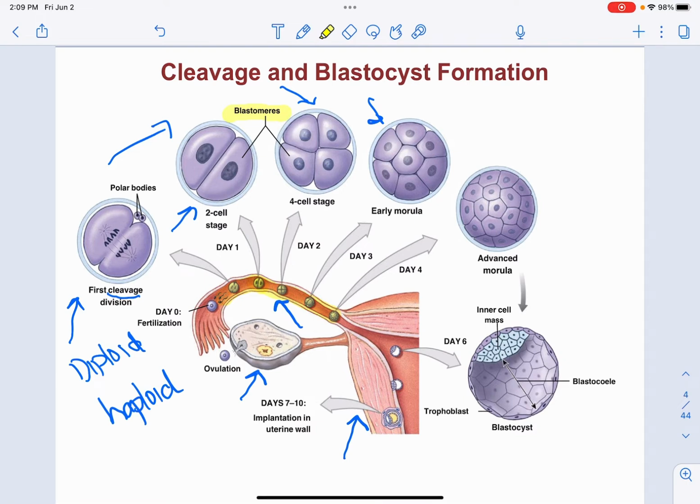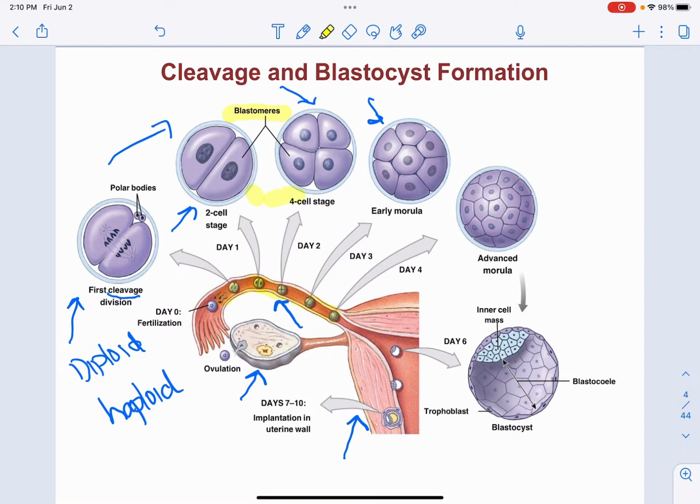So each of these cells will divide, okay? So they will double the number of cells. You will start out with 2 cells, which you can see here. You will then divide to get the 4-cell stage.